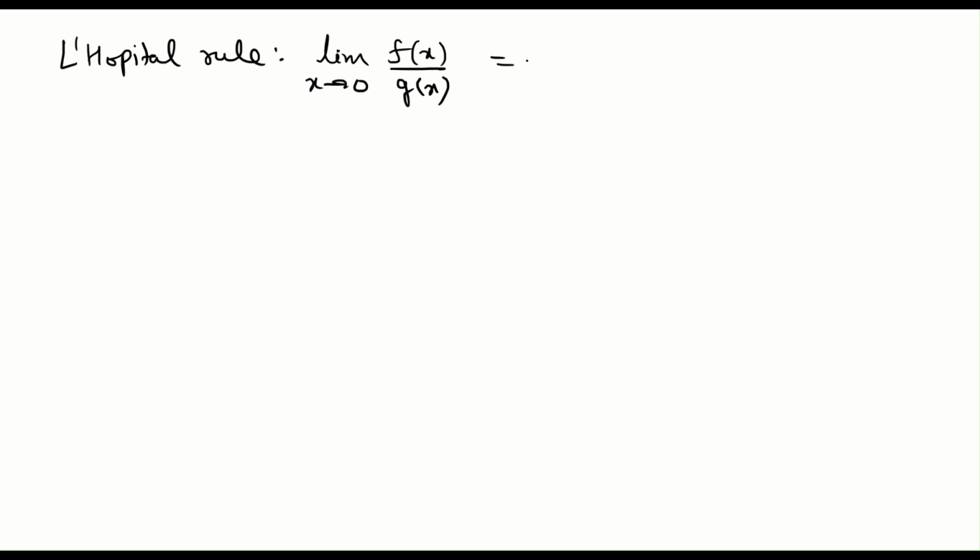It's called L'Hopital's Theorem or L'Hopital's Rule. The L'Hopital's Rule goes like this: if we have to evaluate a limit of the form f(x) over g(x), where both f(x) and g(x) approach 0 as x approaches 0, then this limit is equivalent to evaluating the limit as x approaches 0 of f dash x over g dash x. In simple words, we can take the derivative of numerator and denominator separately.